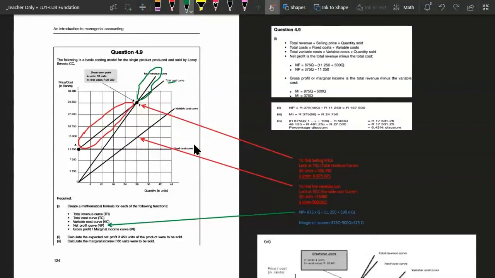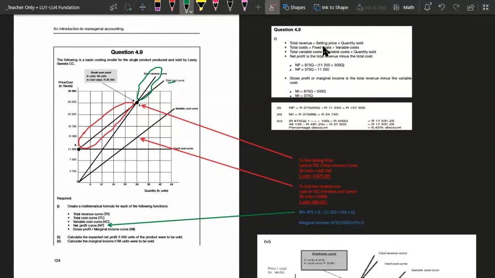So I think that this is quite clear. Guys, go through this example. I've added these two to explain the answers for question 4.9. These are the answers, but it basically says this: what is the total revenue? How do we get the total revenue?